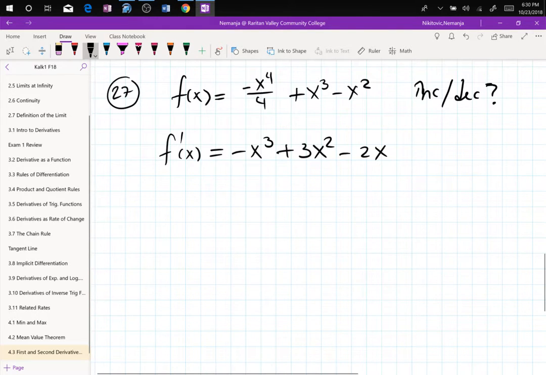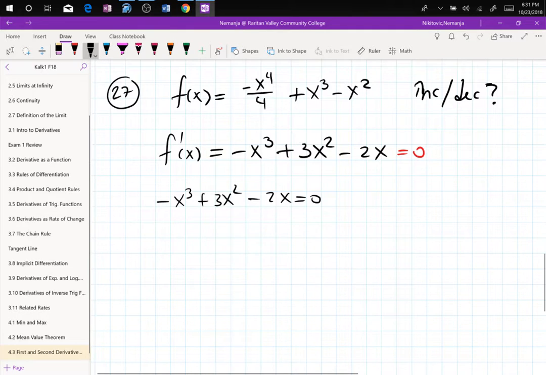Your job is to set this equal to 0, maybe in a different color, and solve the resulting equation. So how do we solve this? Negative x cubed plus 3x squared minus 2x equal to 0.